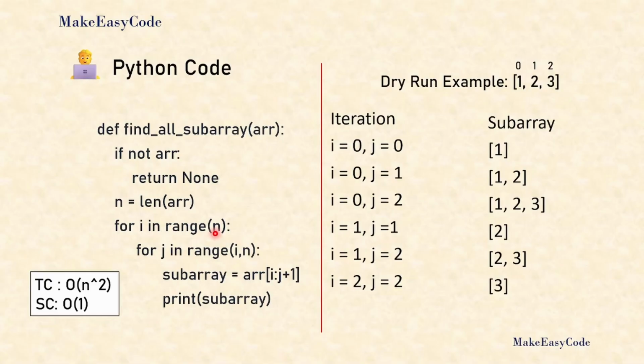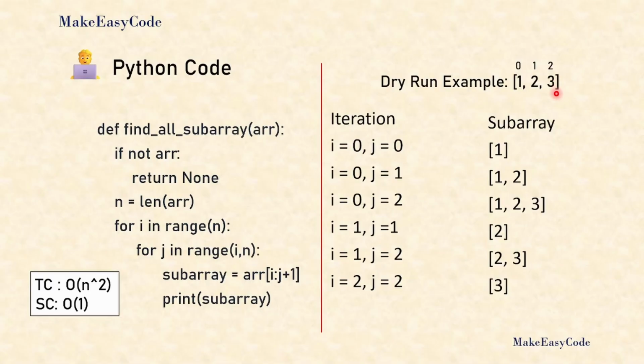This means it will start from index i and go from 0 to n minus 1, where n is the length of the array. In simple words, we are picking the starting point of each subarray. For example, for an array like 1, 2, 3, the start will be index 0, then it will go to 1, then it will go to 2.